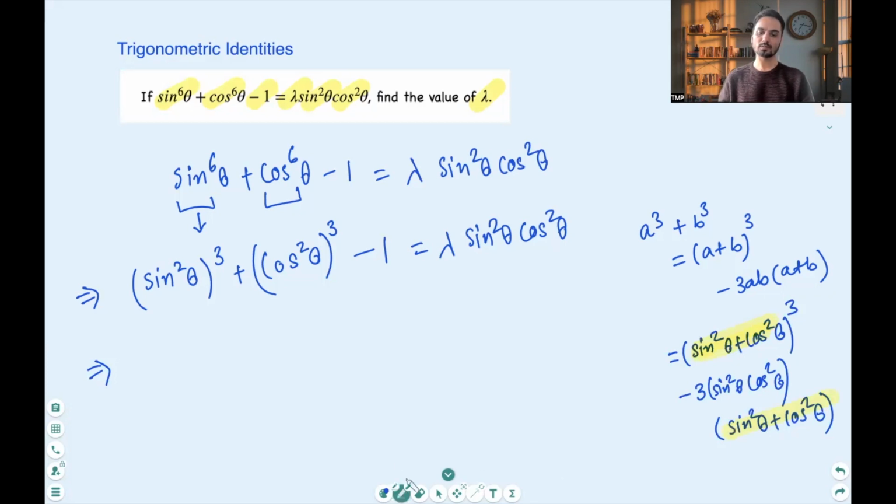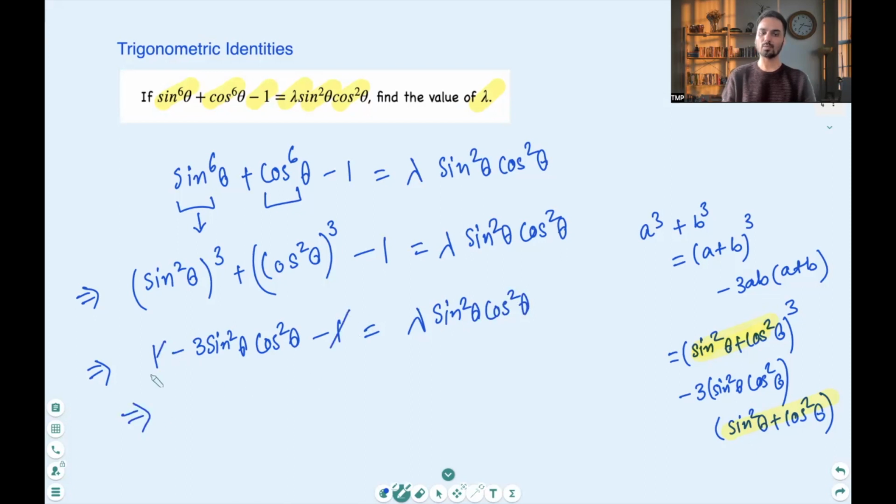So replacing sin²θ plus cos²θ with 1, the given expression will change to 1 minus 3 sin²θ cos²θ minus 1 equals lambda times sin²θ cos²θ.